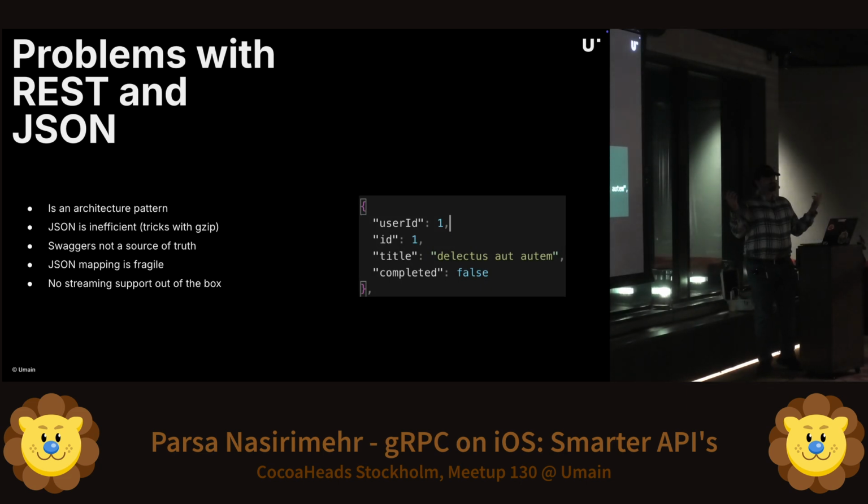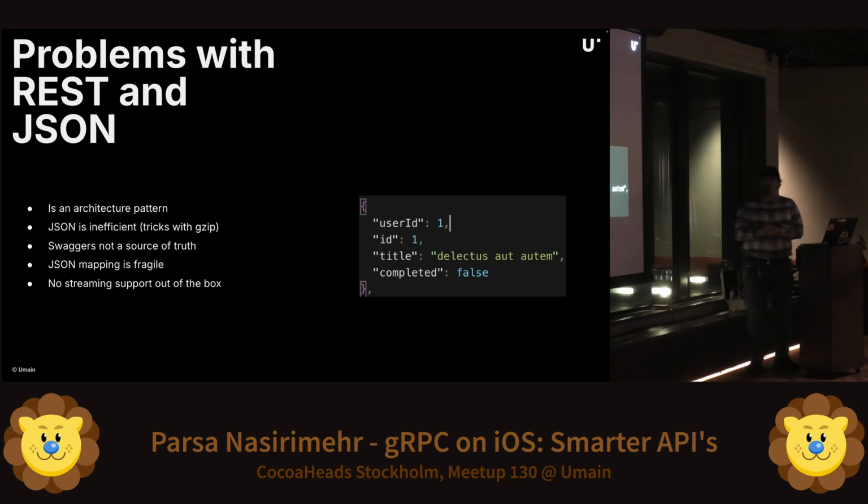First things first, REST is just an architecture pattern, right? It's not trying to force you to write your resources in a specific way. It's just saying, these are the basic building blocks. However compliant you are with it is kind of up to you, right? And that results in people creating all sorts of shenanigans.